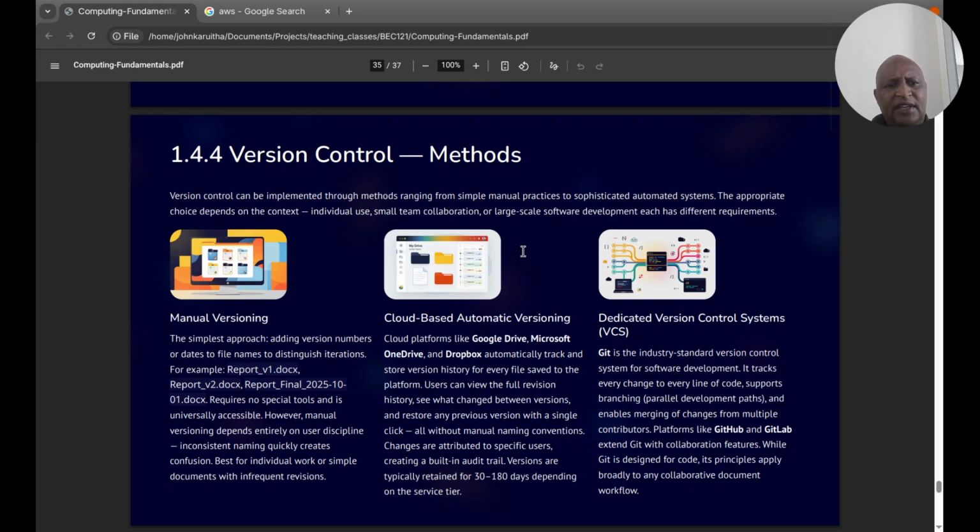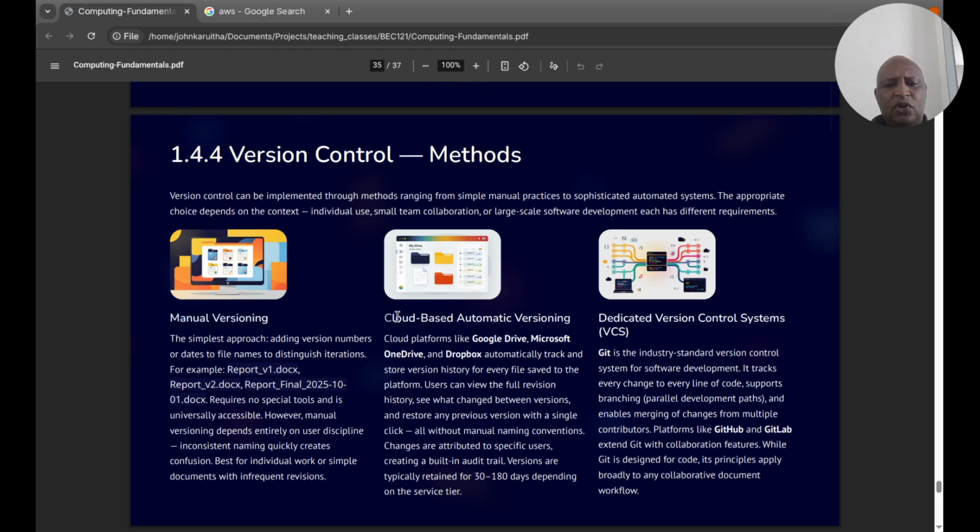Or do you save at the end of each day, give the file a name and a date? This is the file as of this date. Then today evening, save it again, give it another date, like that. That way, if you want to go back to the version you had yesterday, you have that file there. That is an example of what we call manual versioning.